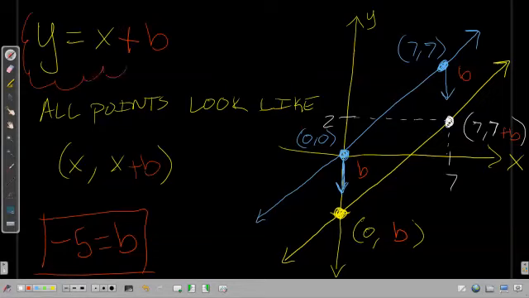So then we're nearly there. This is y equals x plus b. Half the battle's done. If you can understand this, then half the battle's done.